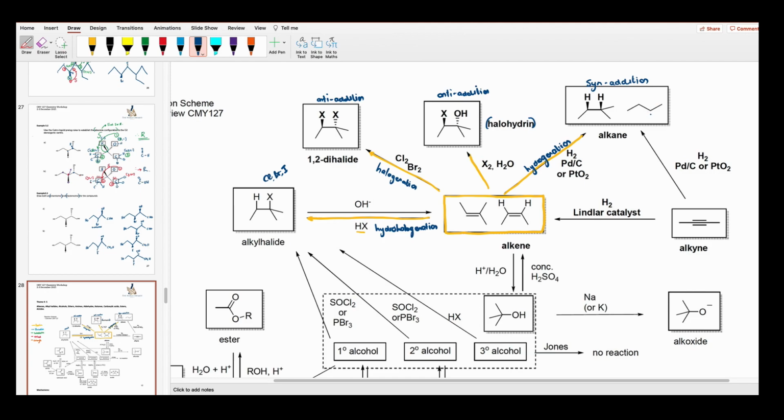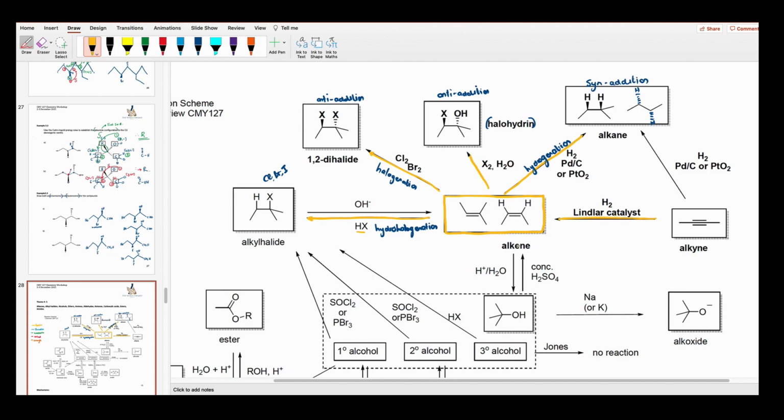What is the purpose of this now? Probably just to show that it can go on either side. So it could be like that, or it could be like that. Okay, and then another addition reaction we looked at, remember, was when we looked at this alkyne and we're adding Lindlar catalyst.